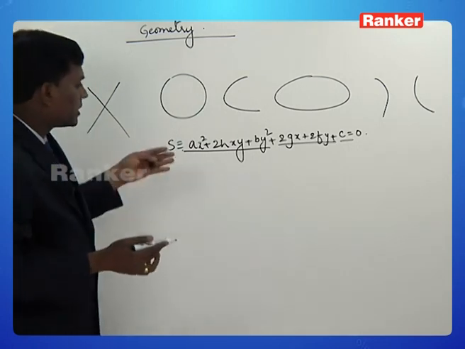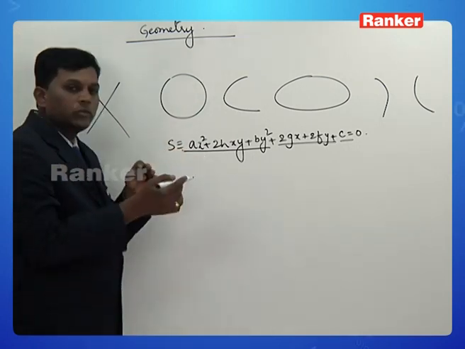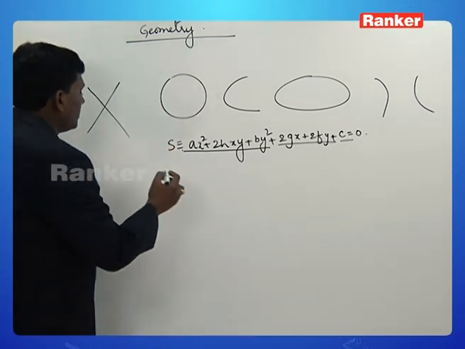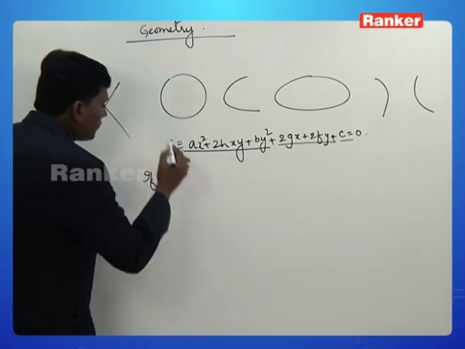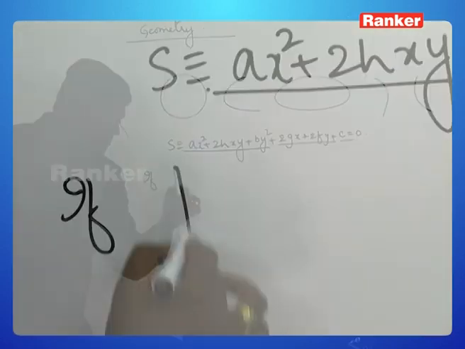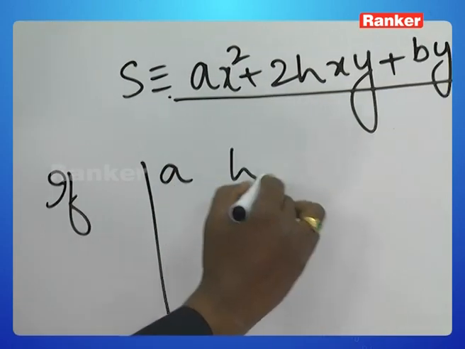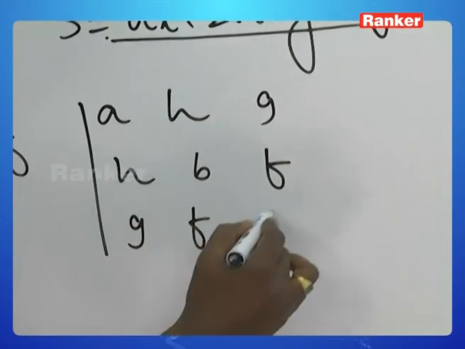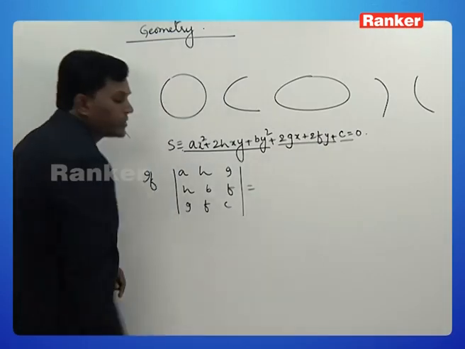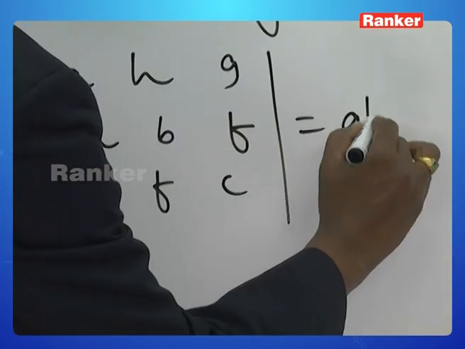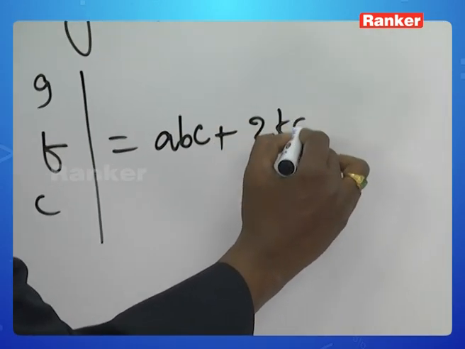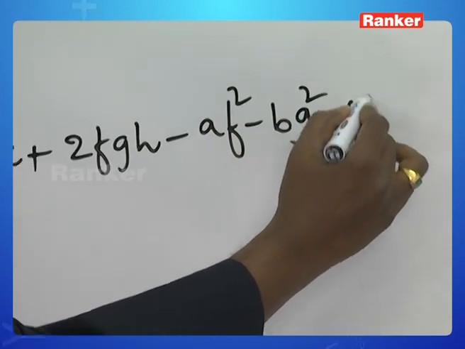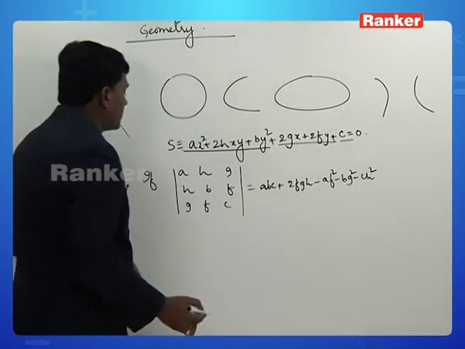in detail. Before deriving all this, let me give you an overall brief idea of all these conditions together here. Here, if the determinant with rows A, H, G; H, B, F; G, F, C, on simplification, will give you the value ABC plus 2FGH minus AF square minus BG square minus CH square.